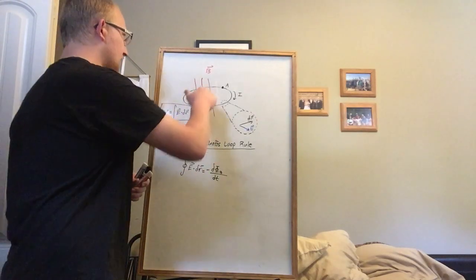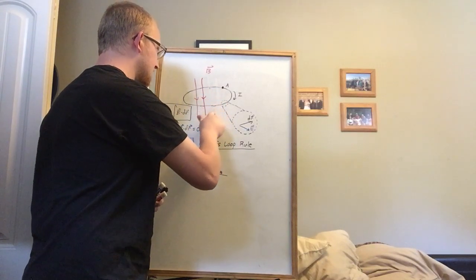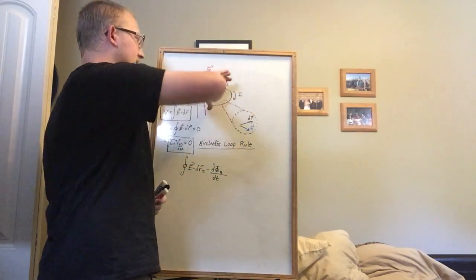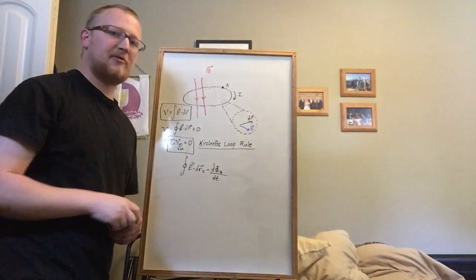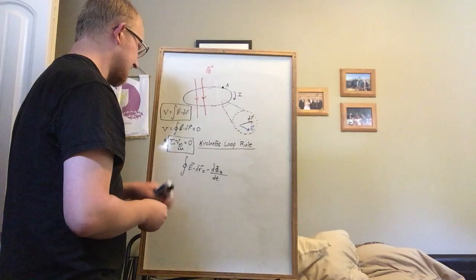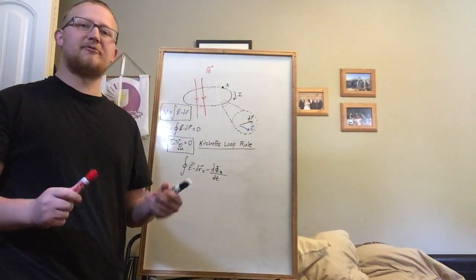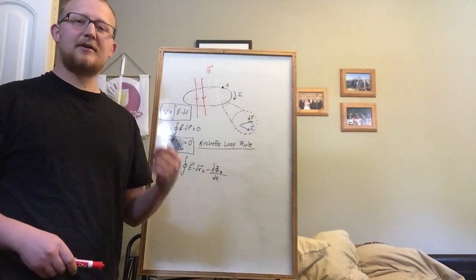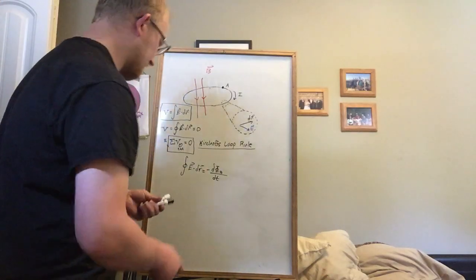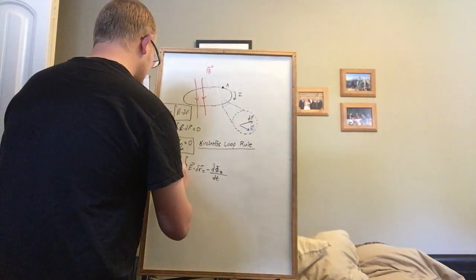So if we try to go from 3 to 2 flux lines as time goes on, we will get an even bigger current trying to add those 2 flux lines back. So that's probably the best I can do at explaining it. I think the tricky part is that it's a change in flux with respect to time, not just the change in the magnetic field. So this right here is Faraday's law.